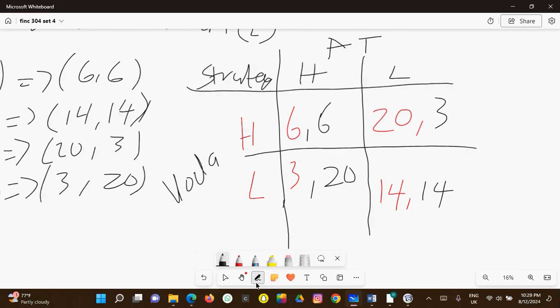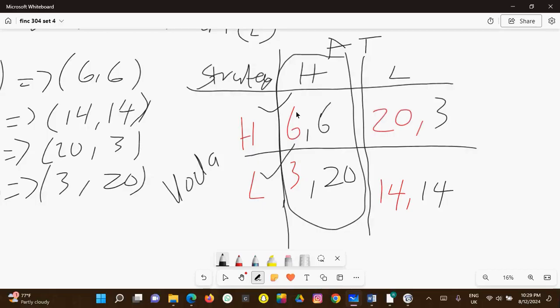let's check this now, right? So, let's say Ethel Tigo decides to choose high, right? Choosing high here means it is in this column, the H column. So in this column, we can see that Vodafone has the chance to either choose high or choose low, right?